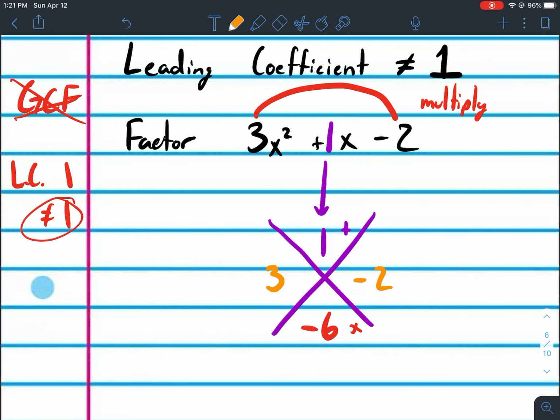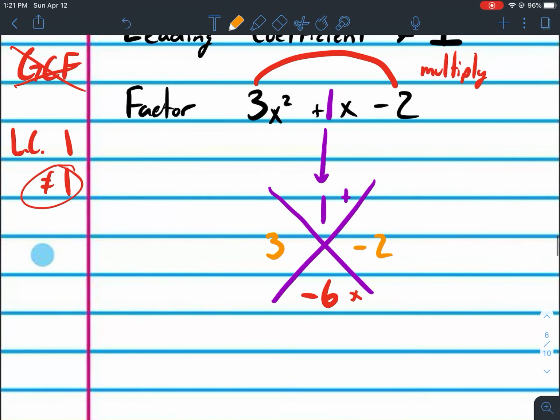Now this is where the new part comes in. After you do this part, most of you would be like, oh, okay, cool, my answer is x plus 3 times x minus 2, and I'm done. Be very careful because you have a leading coefficient that is not equal to 1. So you have to take it a step further, which in this case is we do bottoms up.